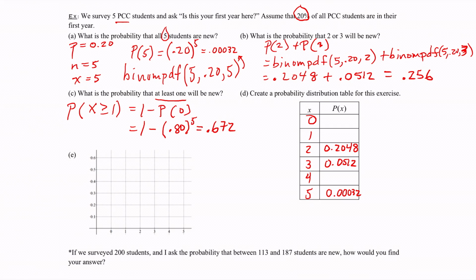That just leaves a couple that we haven't found yet. In part C, we found the complement of x greater than or equal to 1, which involved 1 minus the probability that x is equal to 0. And 0.80 to the power of 5 would give us something around 0.32768.